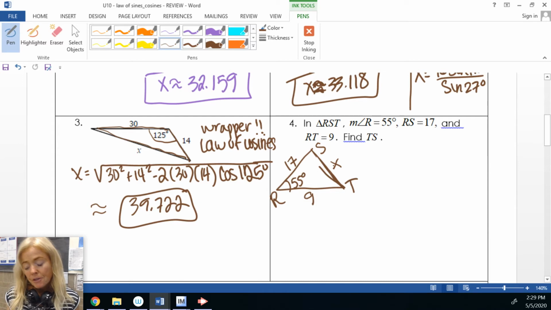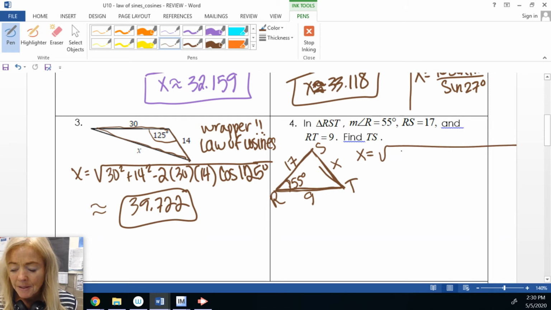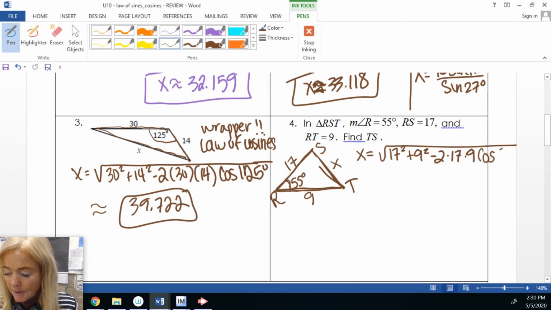Now that you've drawn it, you can analyze it. We've got a side, an angle, and a side. So again, with the wrapper, it's the law of cosines. X is equal to the square root of 17 squared plus 9 squared minus 2 times 17 times 9 times the cosine of the angle between them, 55.